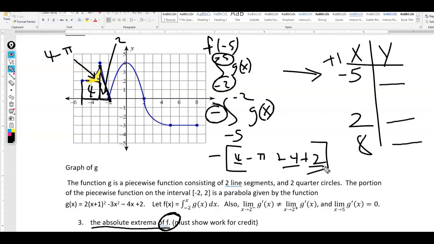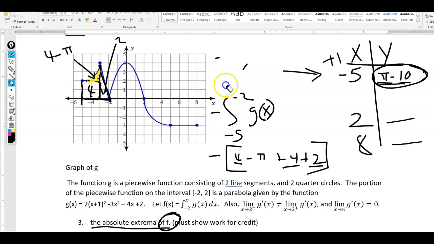And if you distribute the negative, you get pi minus 10, right? Now, that's a negative number. You can think of that as about 3 take away 10, so it's pretty close to about -7. So now we're going to repeat this process for the next few numbers.